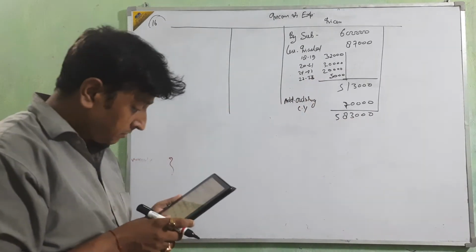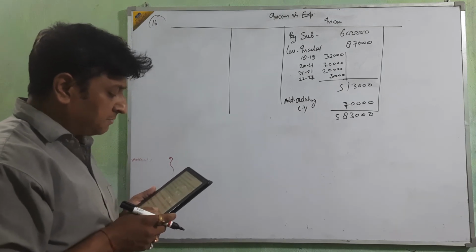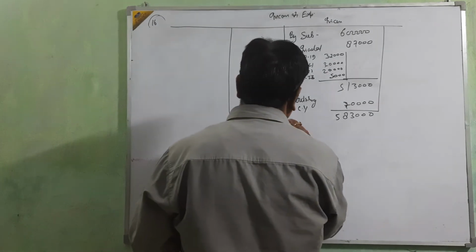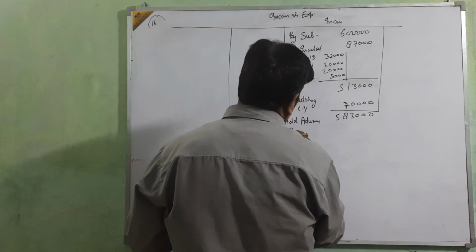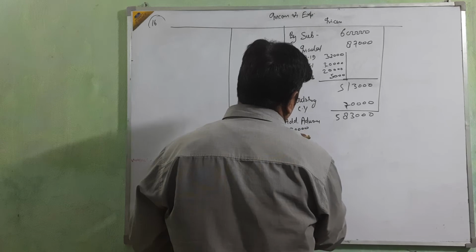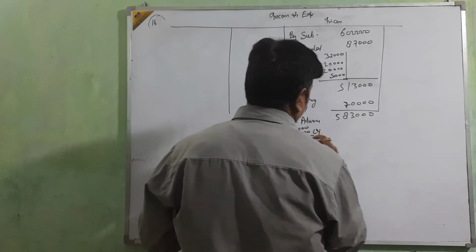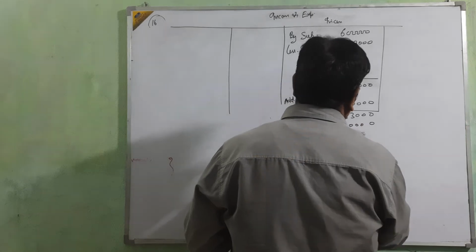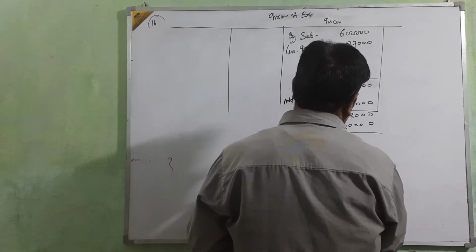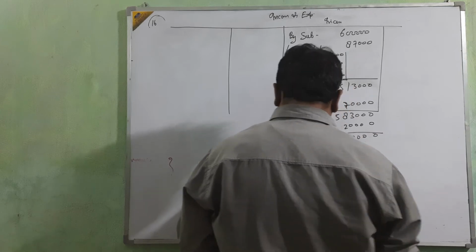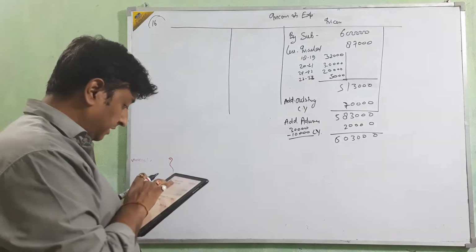Then before that, subscription received in advance for last year, that will also add. Advance 30,000 received plus 10,000 for last year, then 20,000 will add. 6 lakh 3,000.